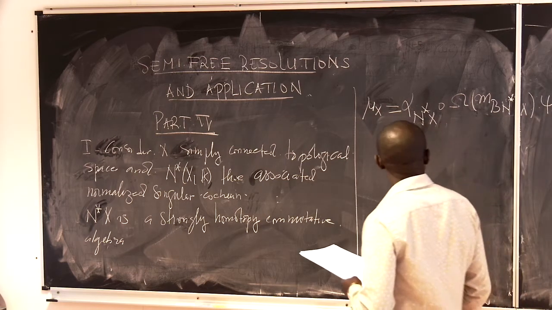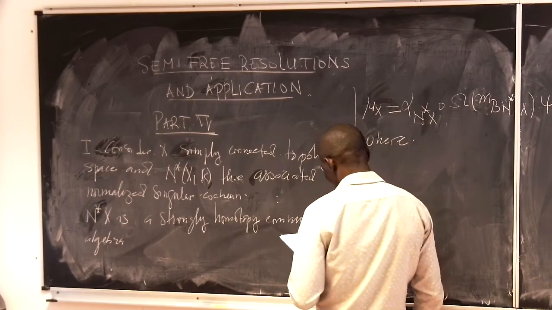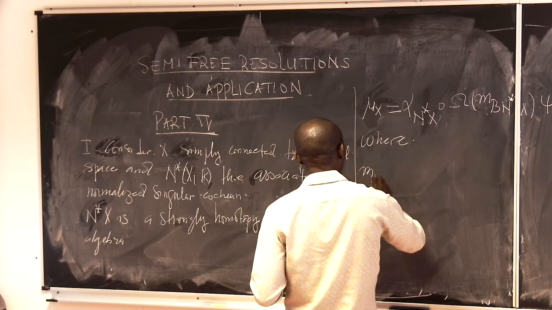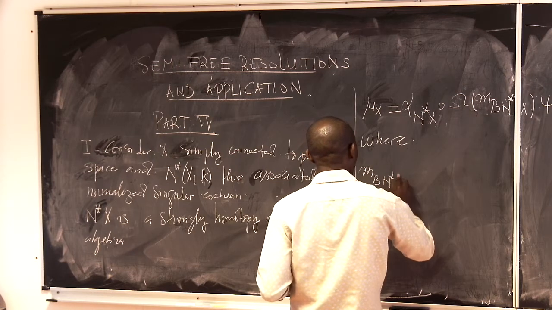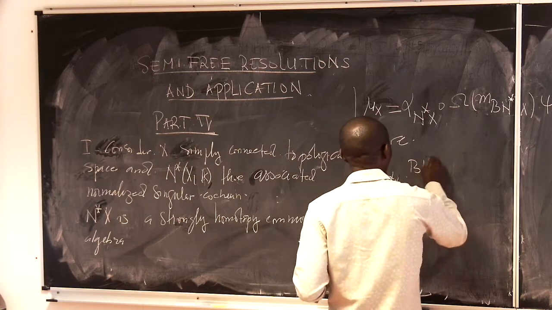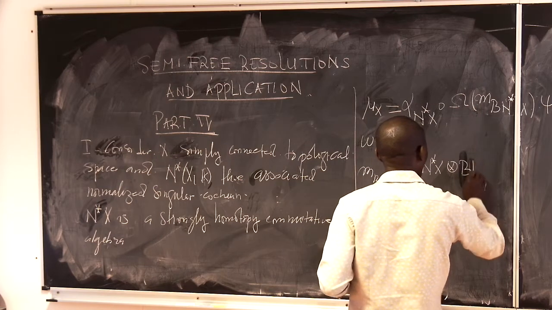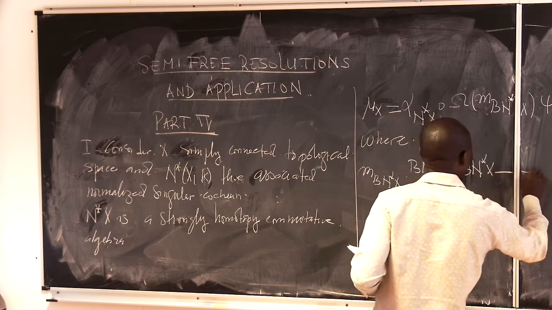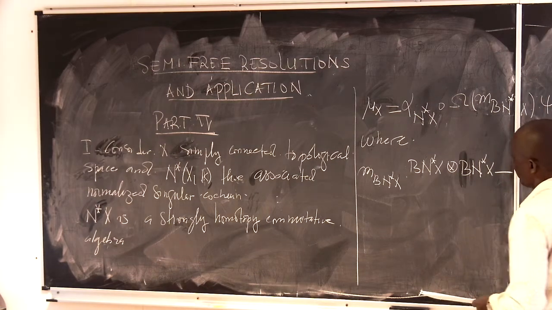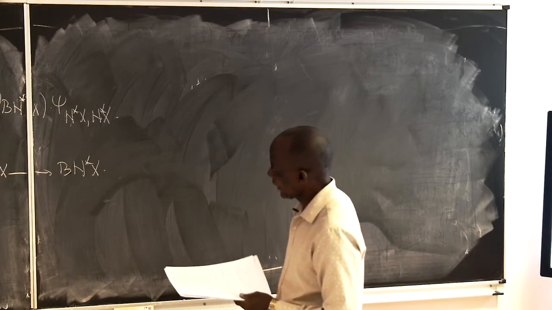Okay, where MB NX is just the morphism of the strongly homotopy commutative algebra that I gave you yesterday.